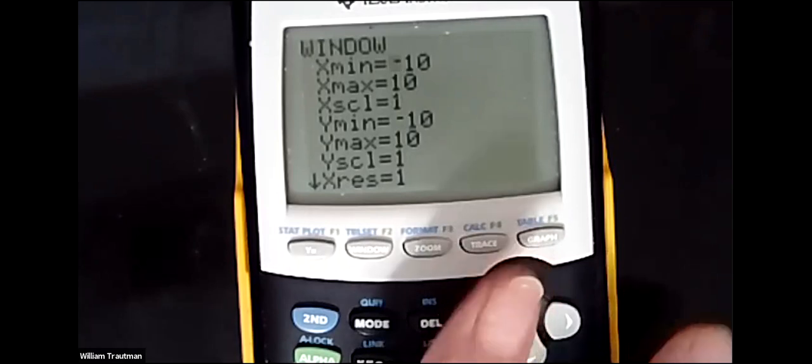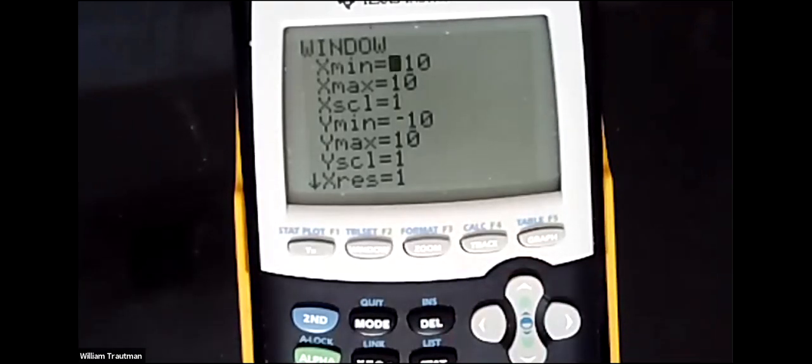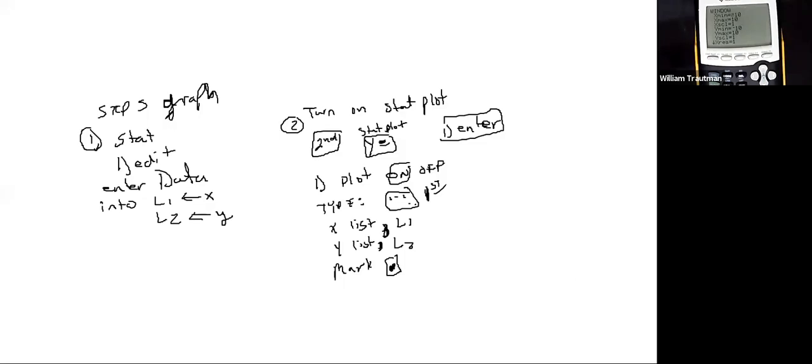But this is my x-axis, how far the boundary is. And if you look, my x-axis is set up for a maximum of 10 and -10. Y-axis is 10 and -10. But remember our data.